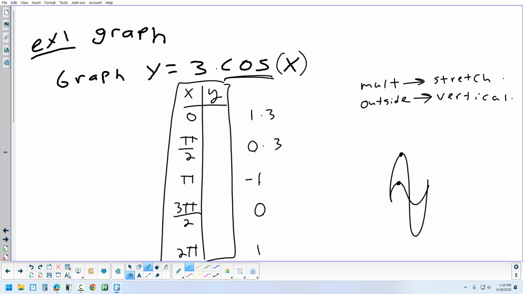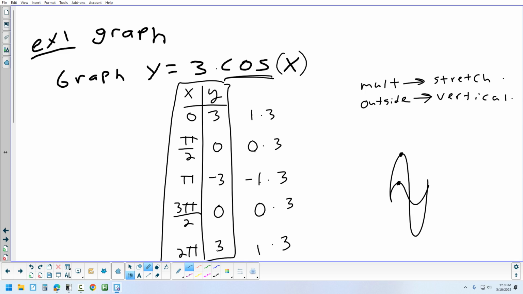Multiply them all by 3. And that's what goes in your table. Okay. So what are going to be the y values? 3, 0, negative 3, 0, 3. So that's how you do your table. Okay, 1 point for each x and y you get right. So it's going to be 10 points for that table.